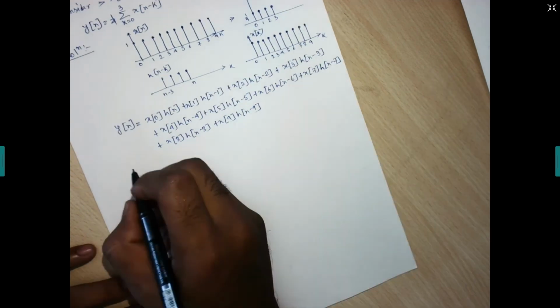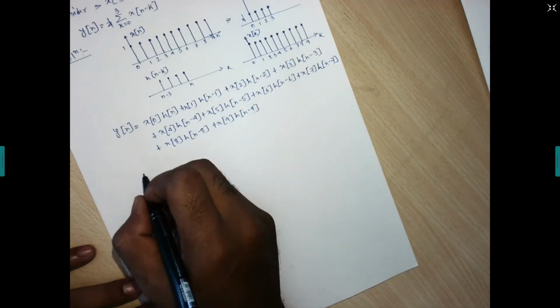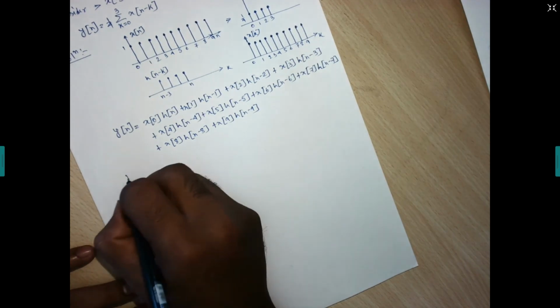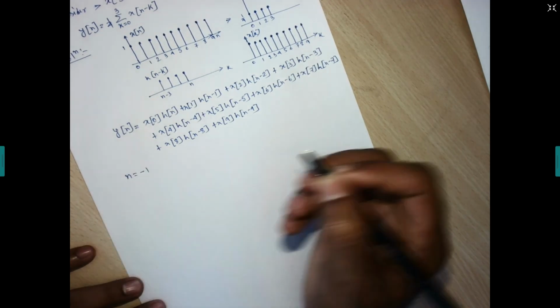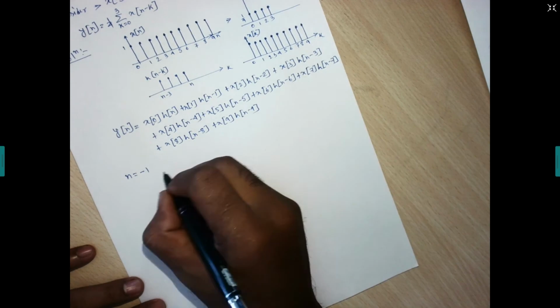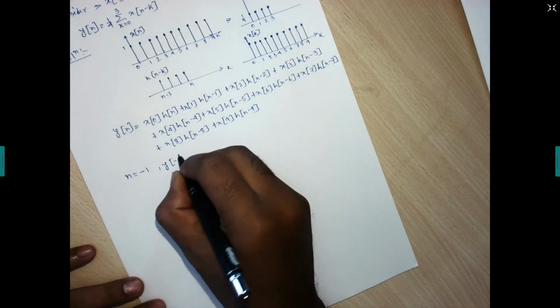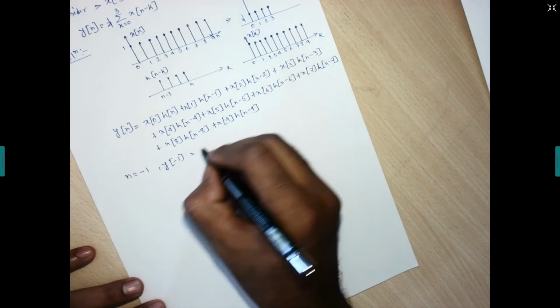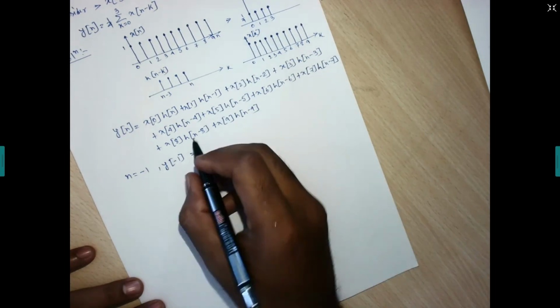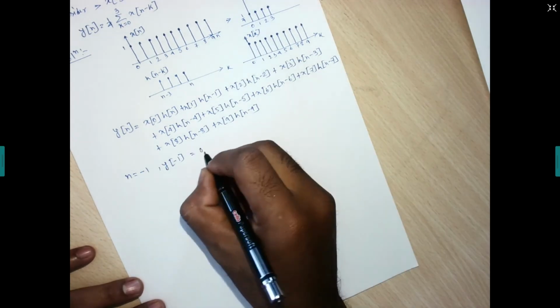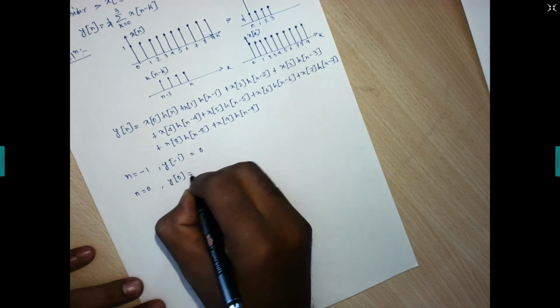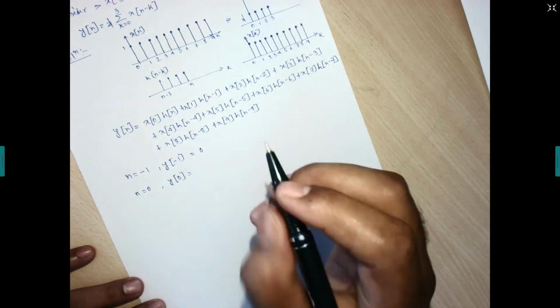So if we are starting from n equals 0, y of 0, or rather in the left hand side, let us consider n equals minus 1. So n equals minus 1 produces y of minus 1. So it is completely 0 because nothing exists in the left hand side. So I am just going in the general process, right? So n equals 0, that is y of 0, I need to put over there.